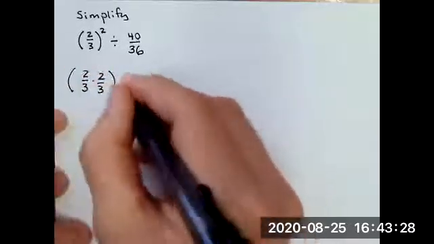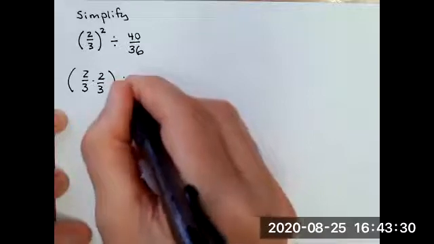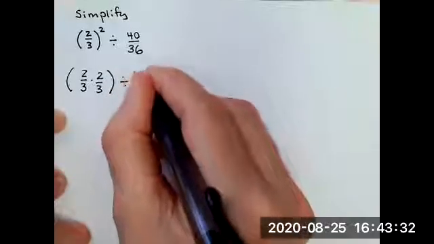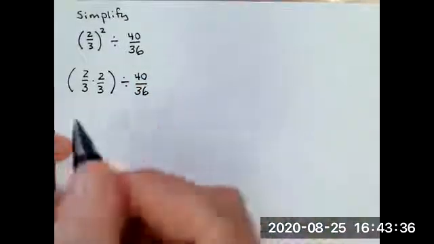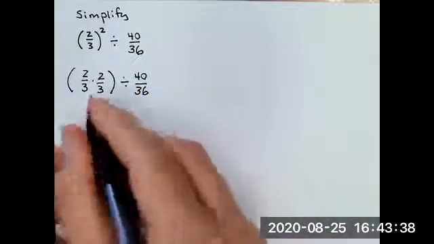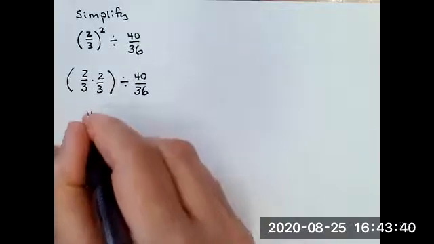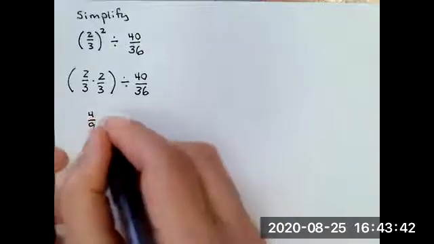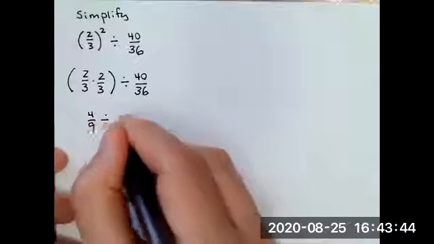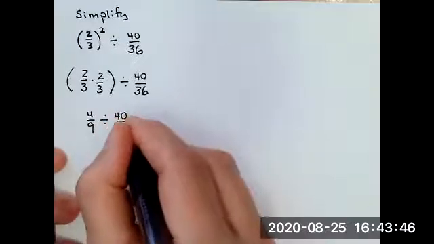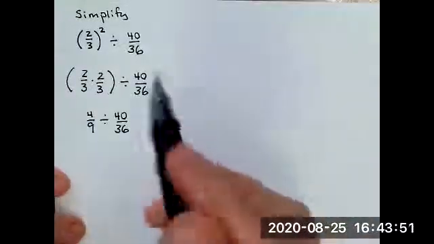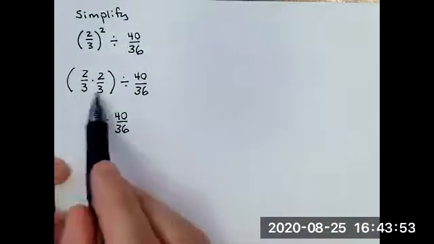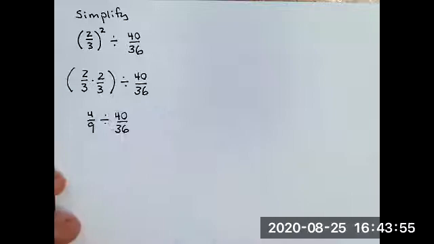Let's leave that in parentheses just so that we remember that we do that before we do the division. So that's going to be 4/9. You can also just leave those in that form because you might end up factoring later.